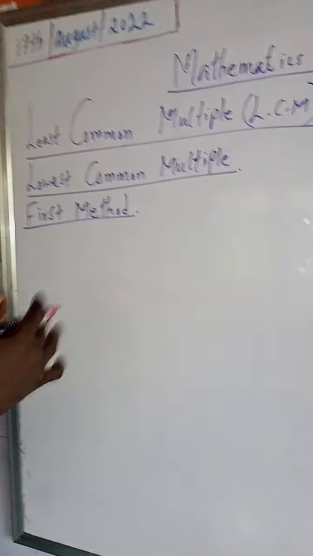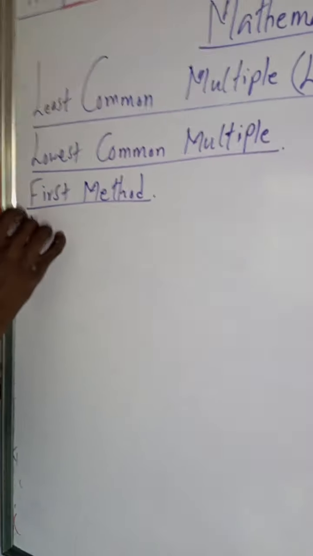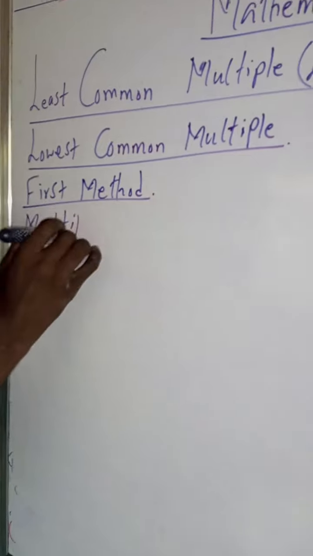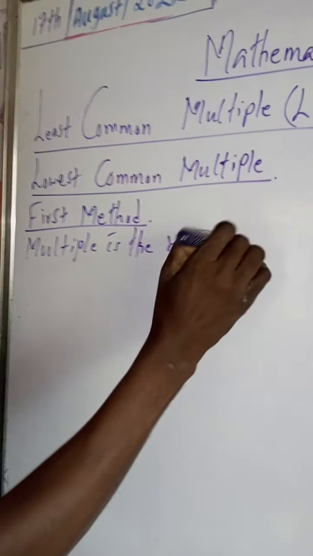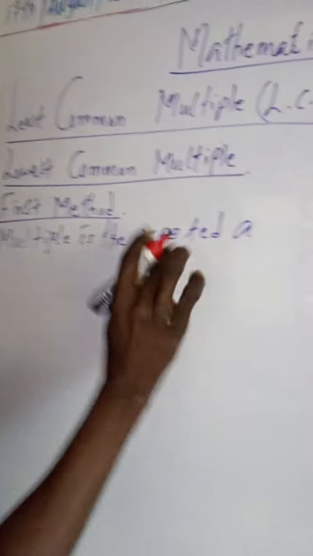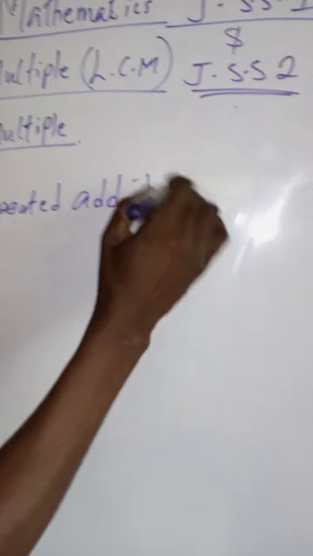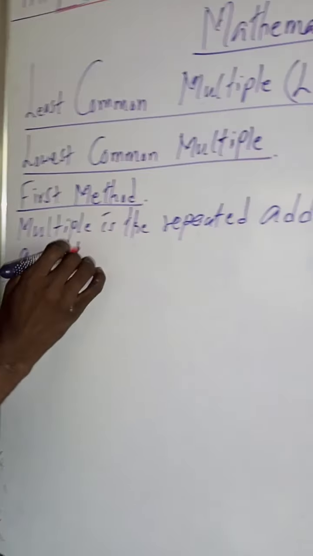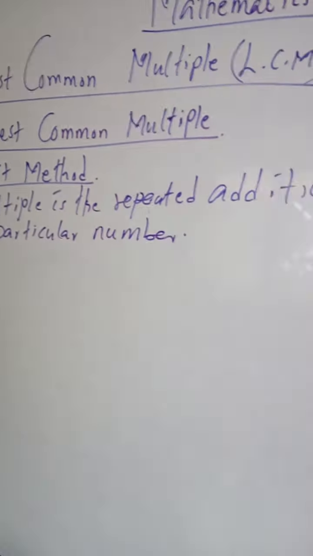Multiple is the repeated addition of a particular number.